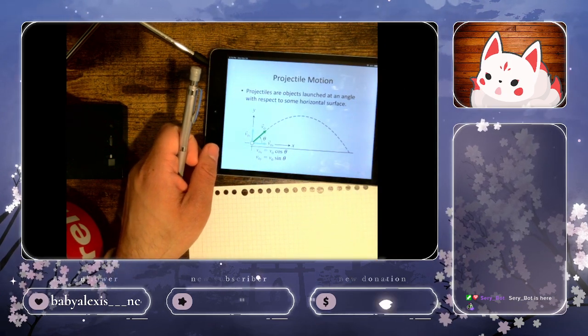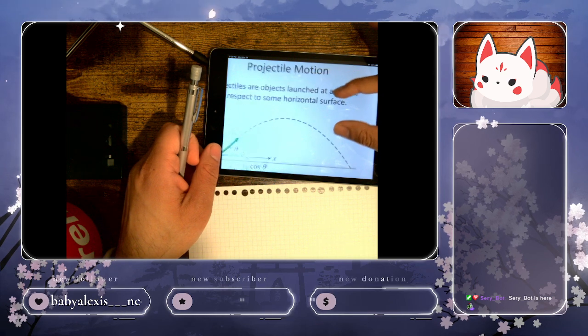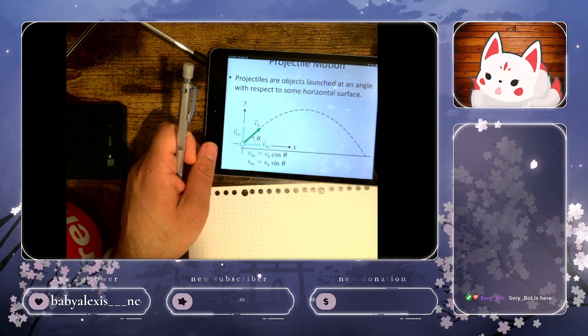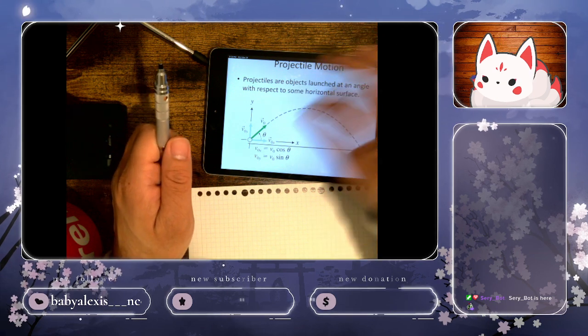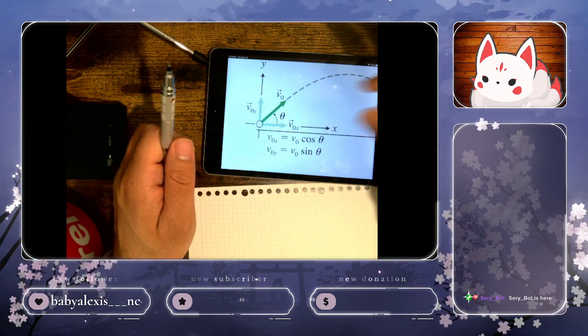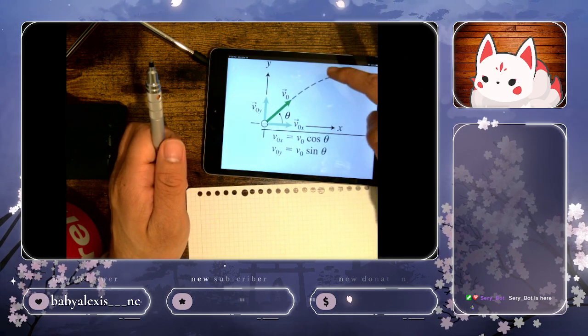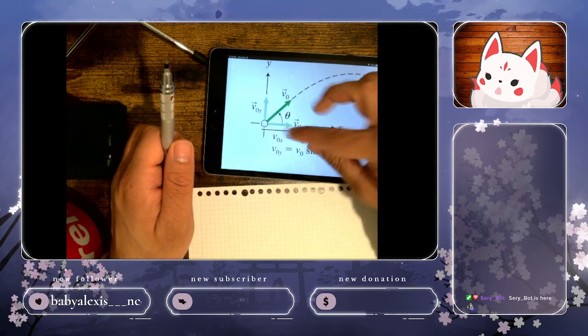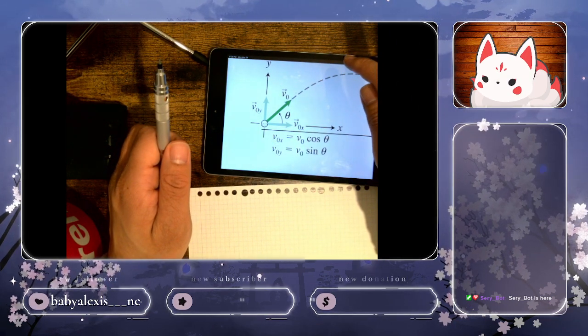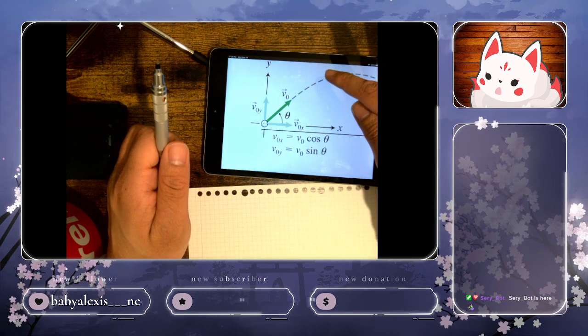I have a PDF I found online, so okay, I guess projectile motion are objects launched at an angle with respect to a horizontal surface. It looks like here they have V0, which is just the velocity of the object going this way.